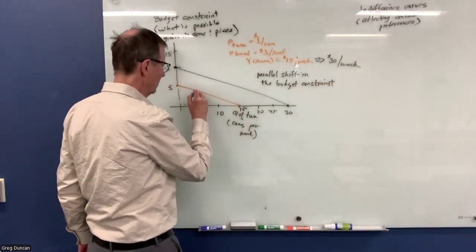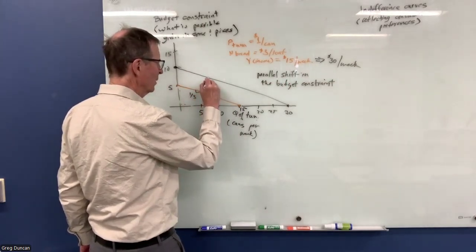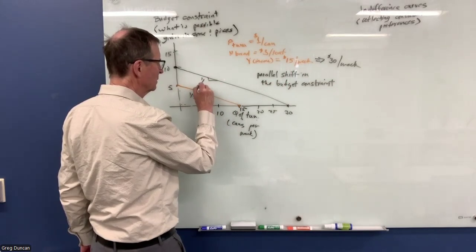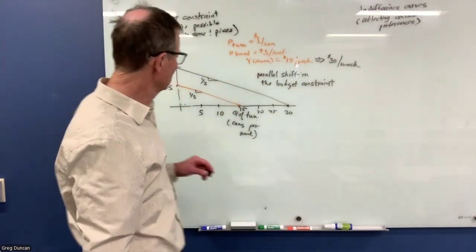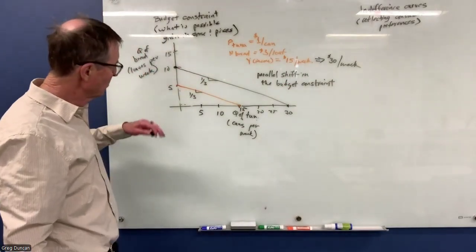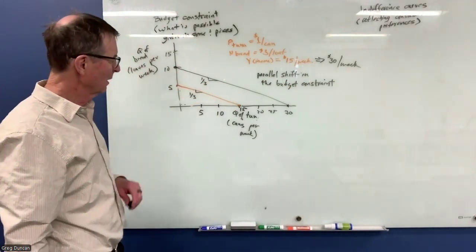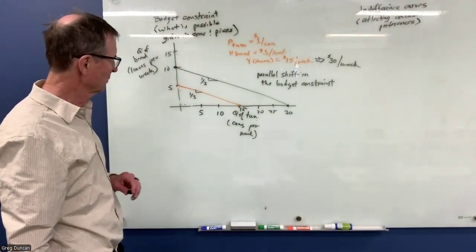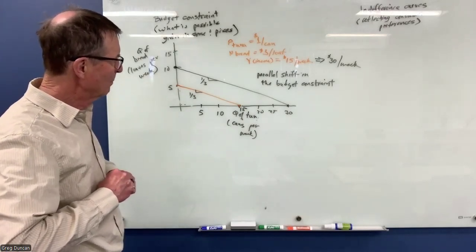So this 1/3 slope is still 1/3 because the relative prices haven't changed. But we're able to buy more of both, right? As reflected by this adjustment outward in the budget constraint. Okay, so what happens now?